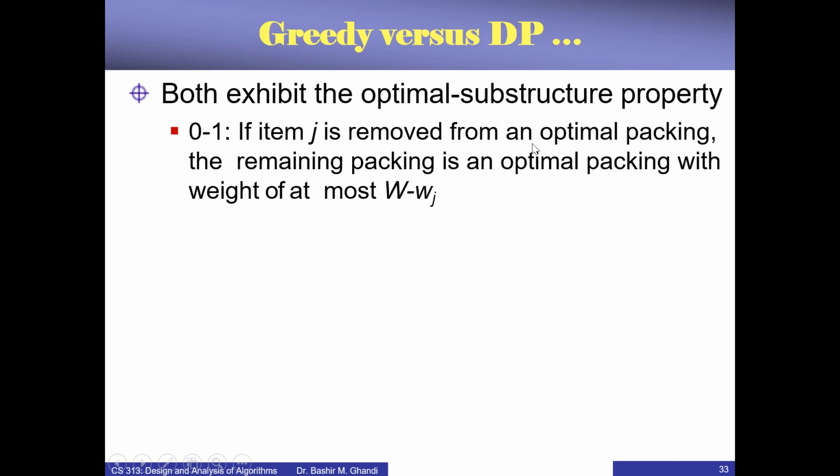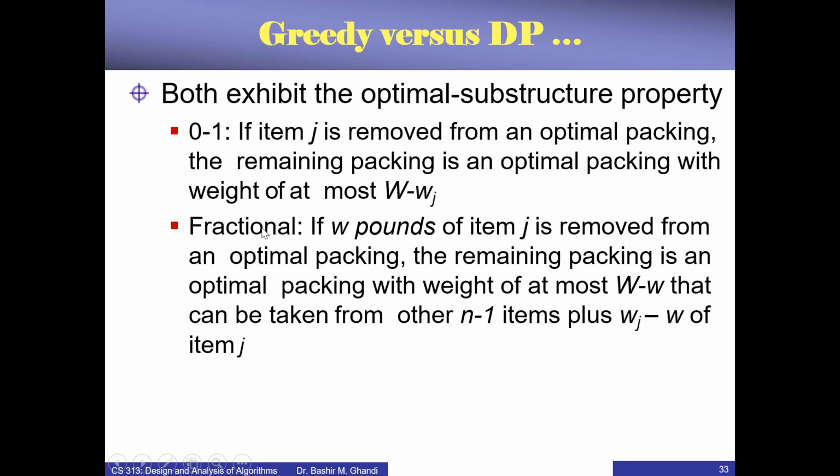Can we say what is remaining is also optimal for the remaining weight in his sack? The remaining packaging is also an optimal packaging with a weight of at most W, the total weight of the sack that he can carry, minus wj, the weight of the item j that has been removed. You will see that it is actually optimal.